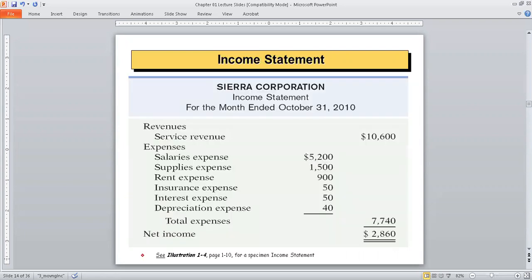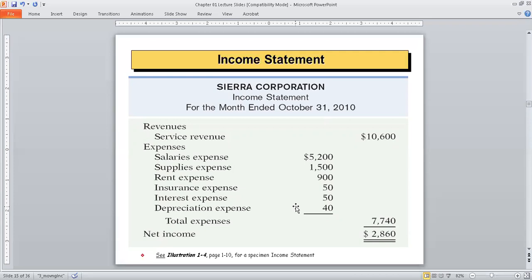All financial statements are classified. Right? The income statement, from a big picture standpoint, at least what we learn of it in the first chapter, is relatively simple because there are only 2 classifications: revenues and expenses.